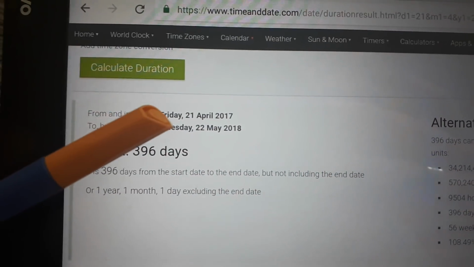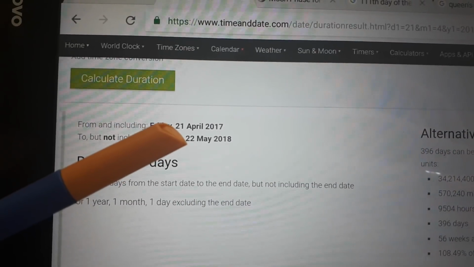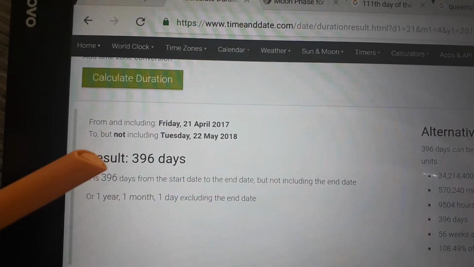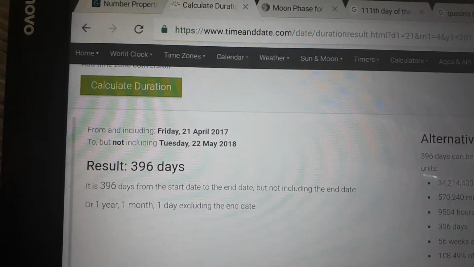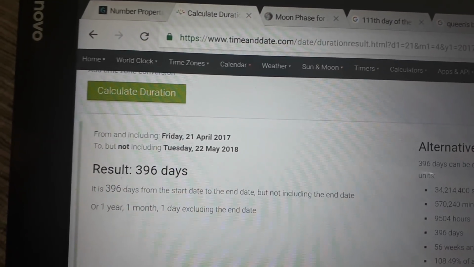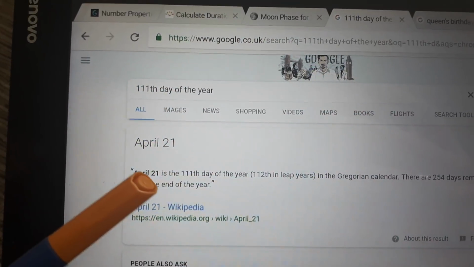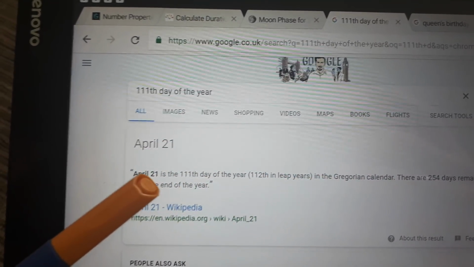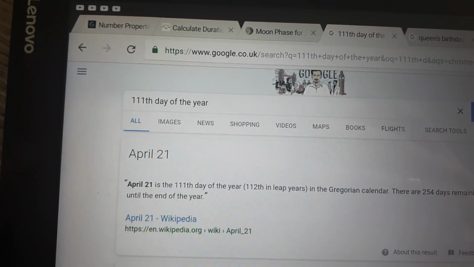Check this one out, from last year's birthday of the Queen to the future 225. 1 year, 1 month, 1 day. Just want to remind everyone that the 111th day of the year is the Queen's birthday, unless it's a leap year.